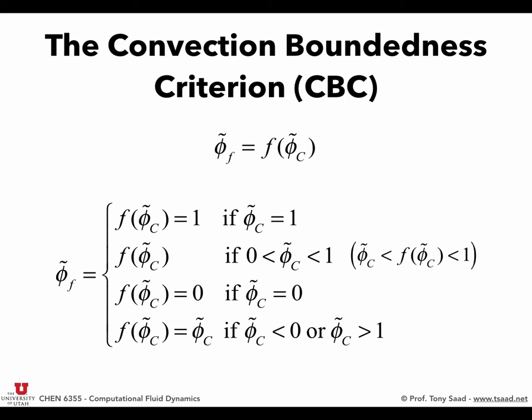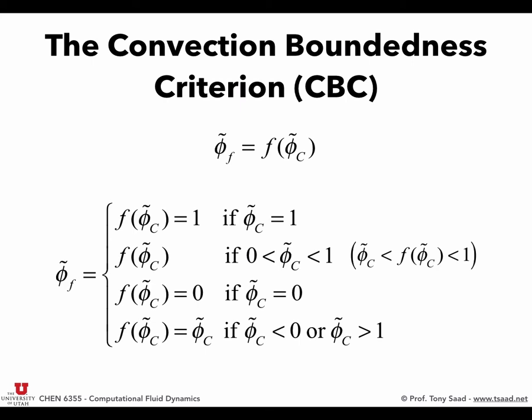So you can be second order, fourth order, 10th order, whatever you want. Okay? If phi tilde c is between 0 and 1, assuming that you are monotonic, of course. Now, if phi tilde c is equal to 0, then f of phi tilde c is equal to 0. And otherwise, you are upwind. So you need to hit the points 0, 0 and 1, 1, and otherwise, you're always upwind.